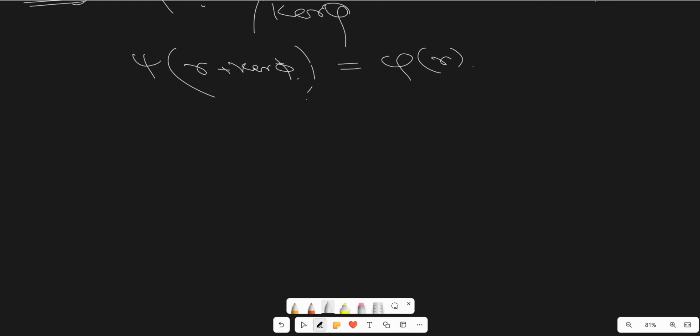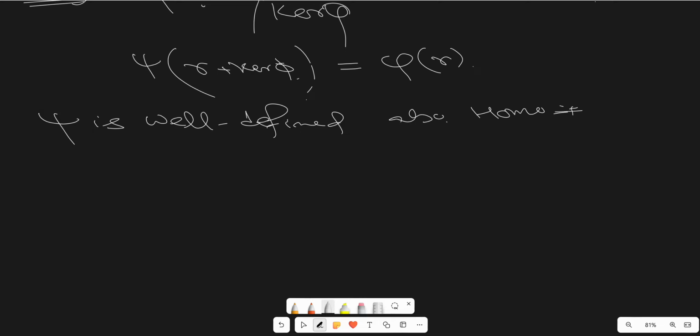So can you say this map phi is well defined, and also a homomorphism plus bijection?